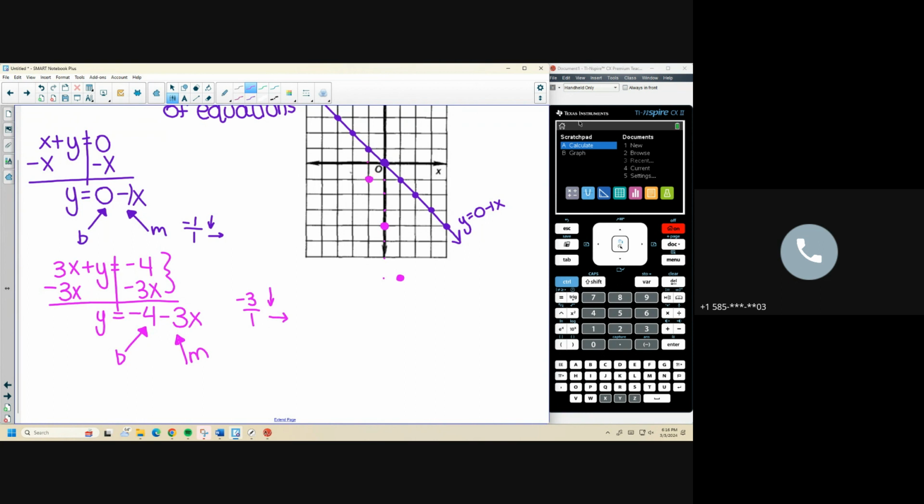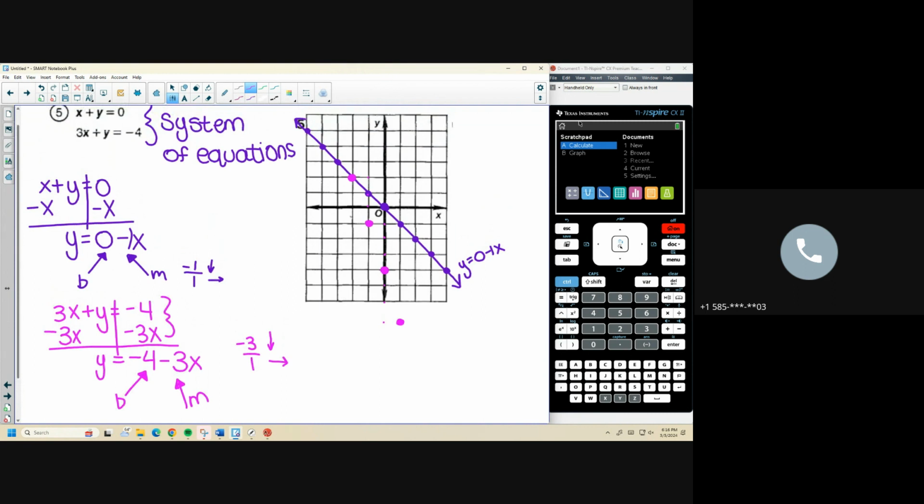Then I'll keep going, up 3, backwards 1, up 3, backwards 1. And if I connect those points, I get my second line. The equation of this line is y equals -4 minus 3x.